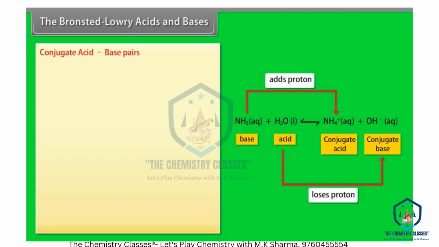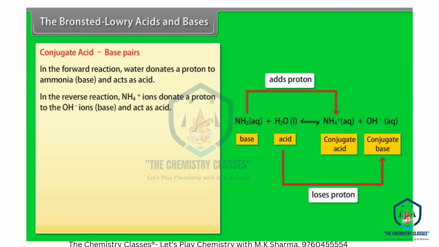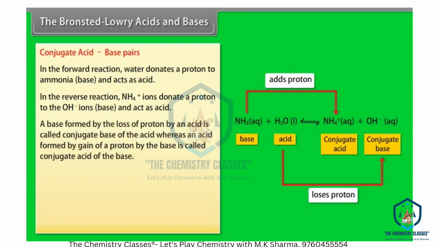Conjugate acid-base pairs. In the forward reaction, water donates a proton to ammonia, base, and acts as acid. In the reverse reaction, NH4+ ions donate a proton to the OH- ions, base, and act as acid. A base formed by the loss of a proton by an acid is called the conjugate base of the acid, whereas an acid formed by gain of a proton by the base is called the conjugate acid of the base.